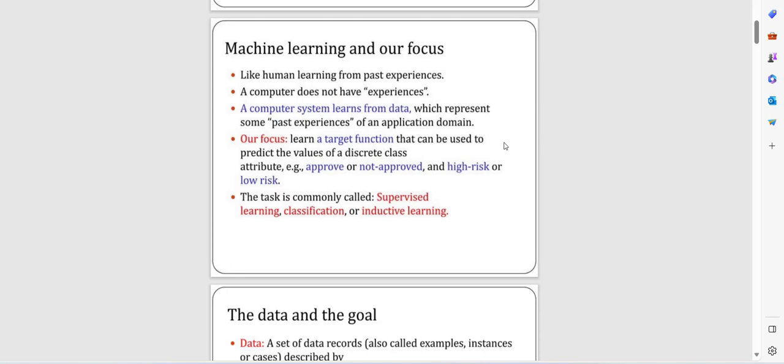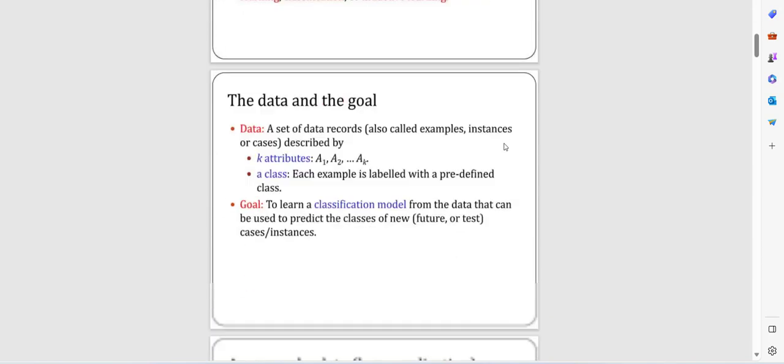In the past data, if a person has a low credit score, is of this age, and has a salary in this range, the loan is not approved. By this way, you give the previous data, and you predict by giving it the features as an input, and it will give you the output. This is called supervised learning, classification, or inductive learning.